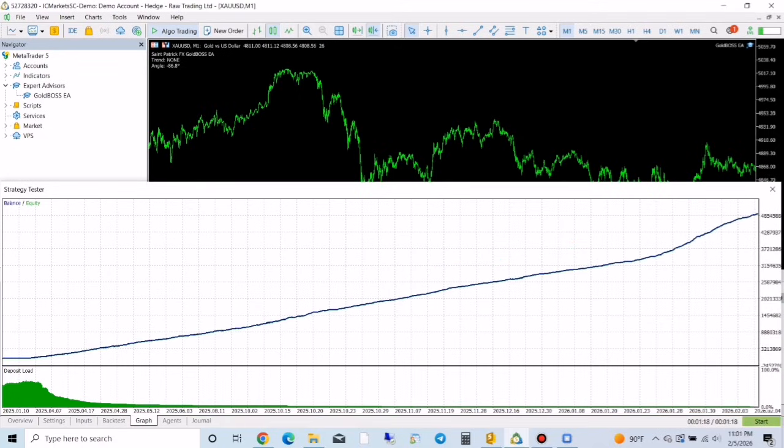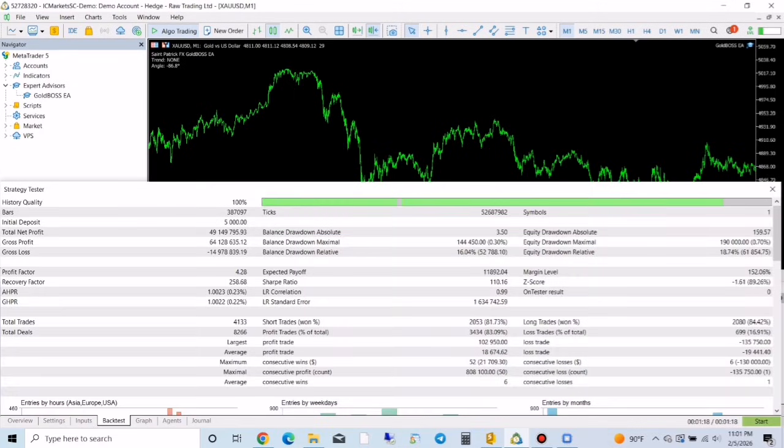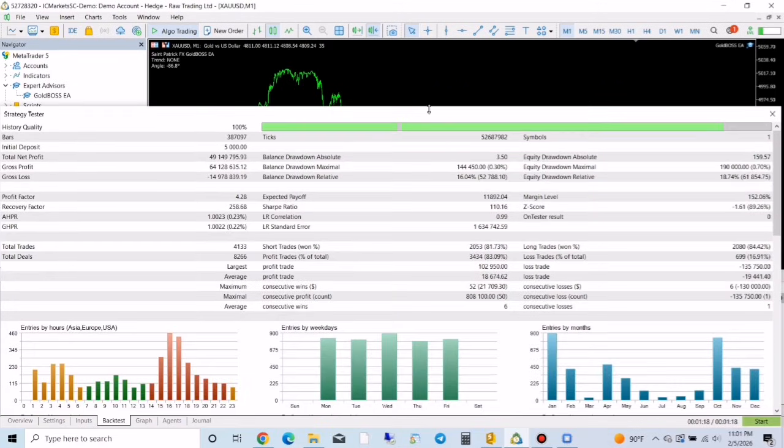So this is the graph of the EA, and then the backtest. It's an MT5 EA. I like to check the profit factor first. If it's above 1.5, good for me. And then I like to check that the relative drawdown and the maximal drawdown are below 30%.